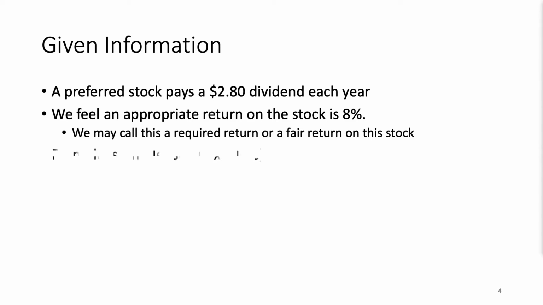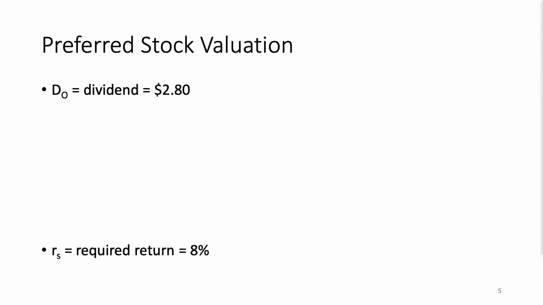So we'll take a look. The formula is very simple, and we've seen it because you've done perpetuities before. So, preferred stock valuation. The dividend is $2.80. Notice D with a little zero. The zero means this year, or now, or in the present time. The dividend now, this year, is $2.80.